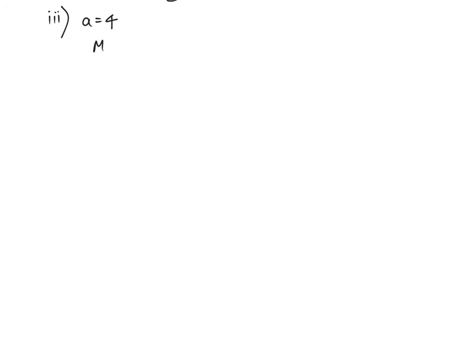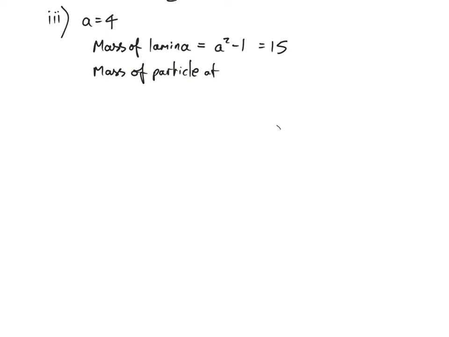So mass of lamina equals A squared minus 1, which equals 15. Mass of particle at B equals 5, because it's a third.